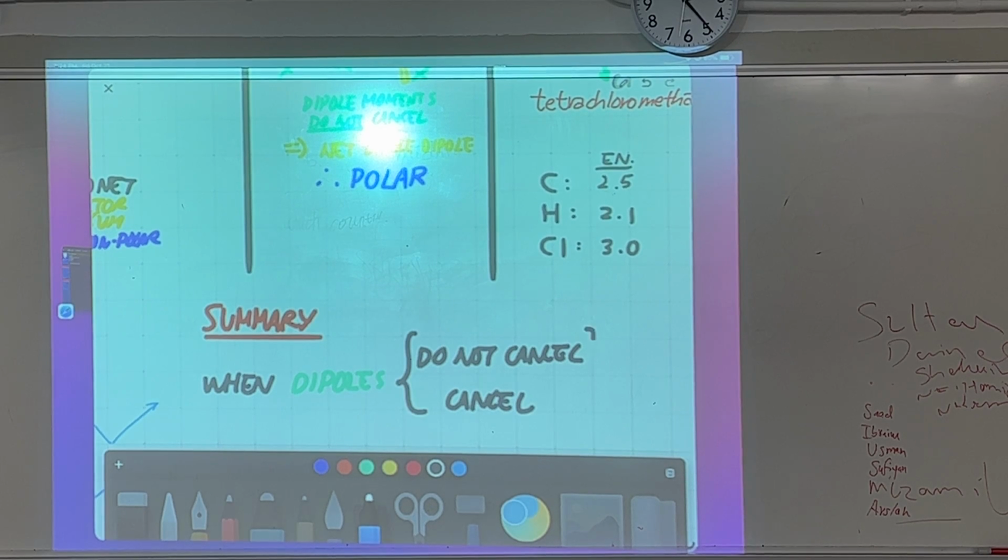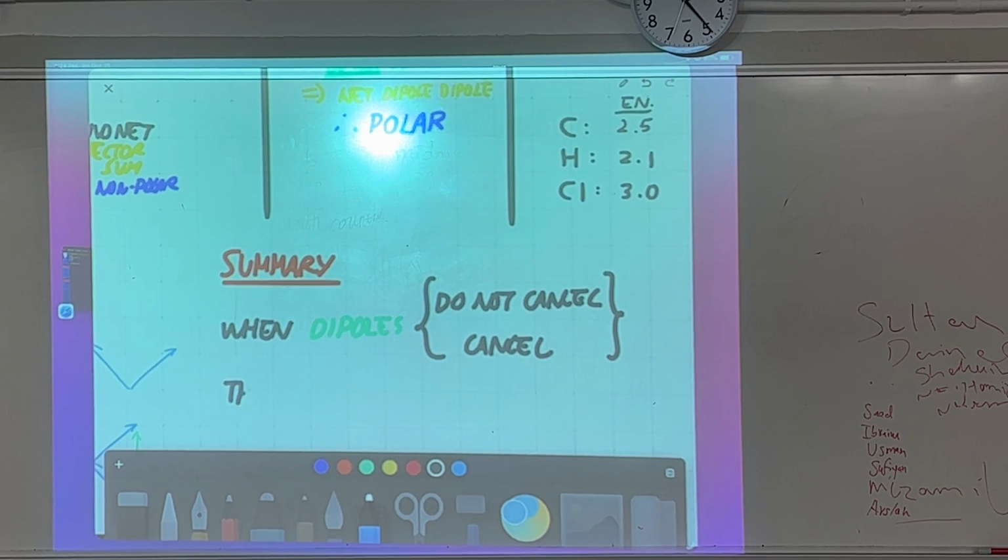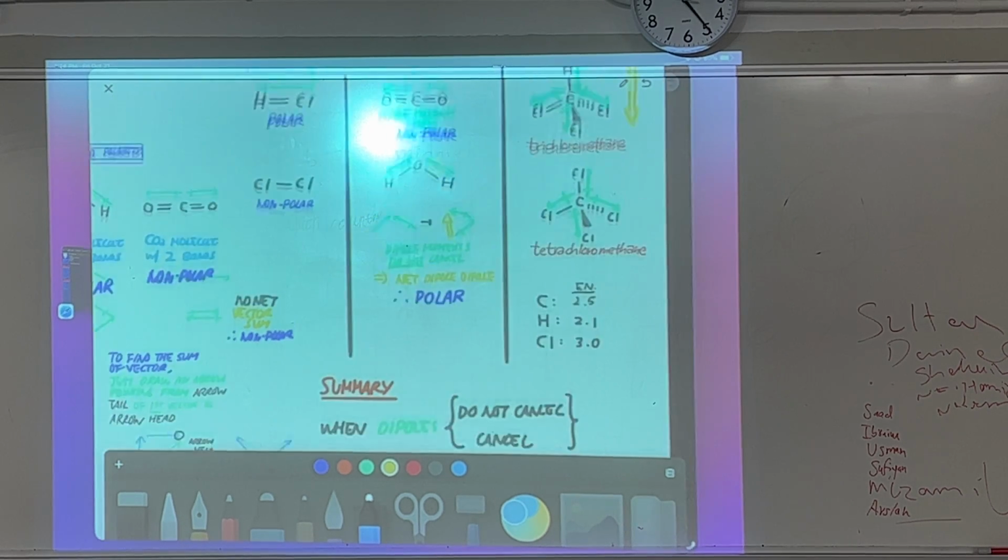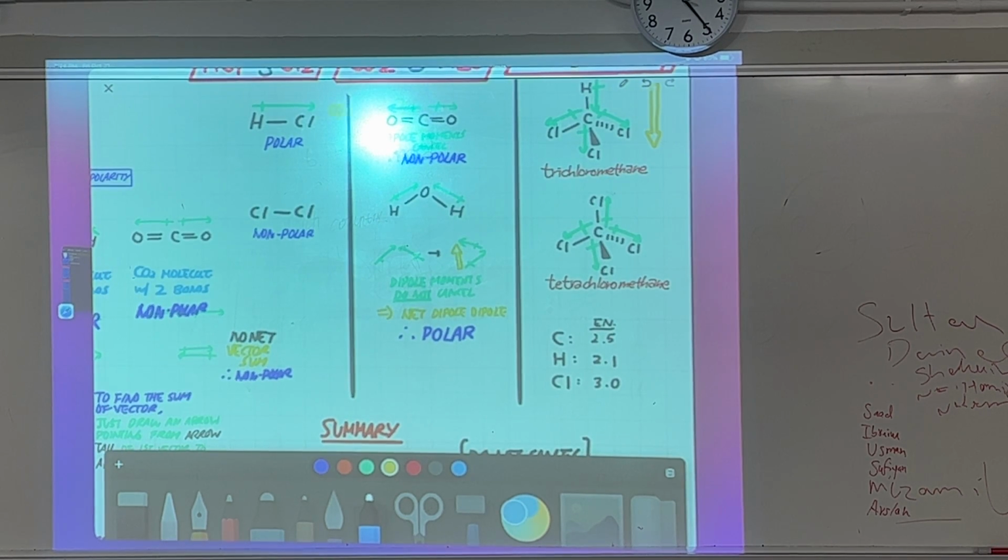Okay, so when the dipoles do not cancel, there will be, number one, a net dipole moment. The net dipole is the thing in yellow. So there is a net dipole here, and also here, and also here. But in the other cases, there simply is no net dipole. So here you have no net dipole because the two dipoles cancel. You have no net dipole because you don't even have a polar bond to begin with.